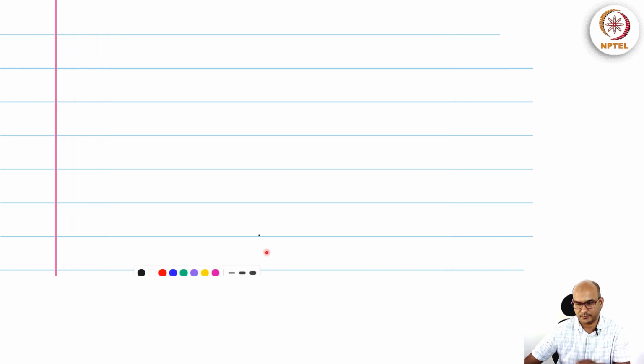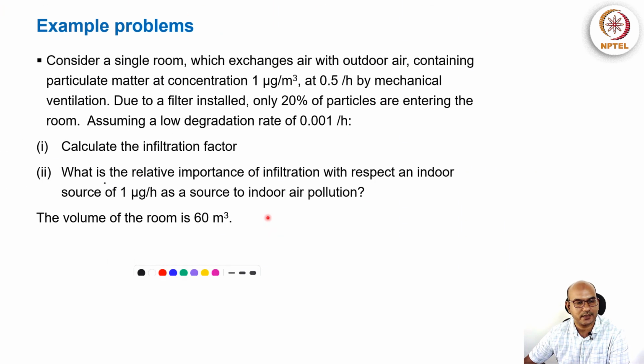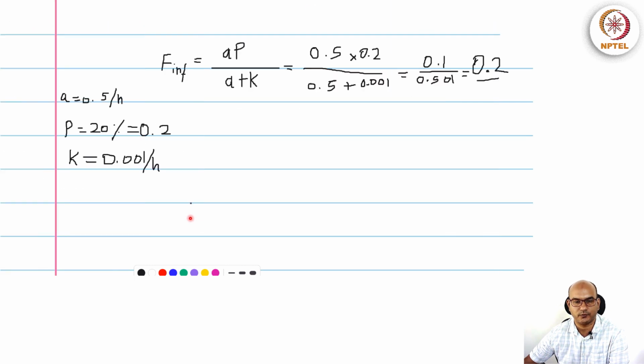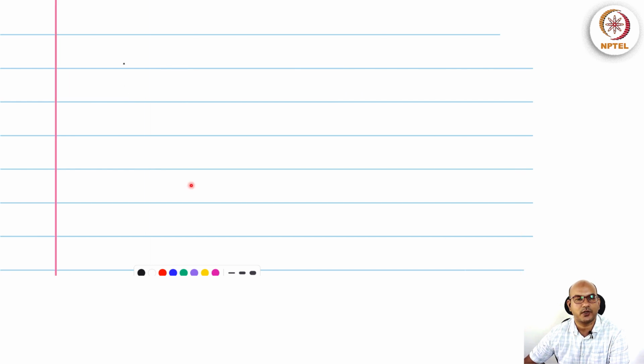Now the second part. The question states, what is the importance of infiltration with respect to an indoor source of 1 microgram per hour as a source of indoor air pollution, and we have been given a room volume. So now what is our infiltration source, which is F_inf, equal to A V P C_a.